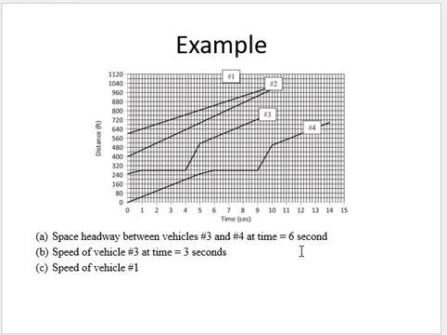Line 3 and 4, right? Vehicle 3 and 4. This one is 560. This one is almost 240, greater than 240. 240 is here, so between 240 and 320, how much? 280.